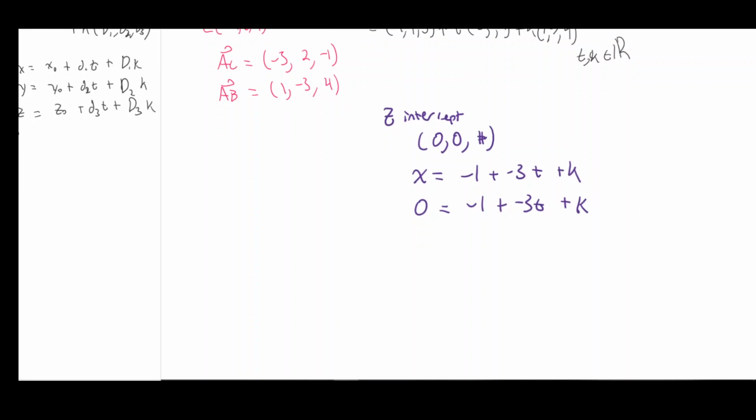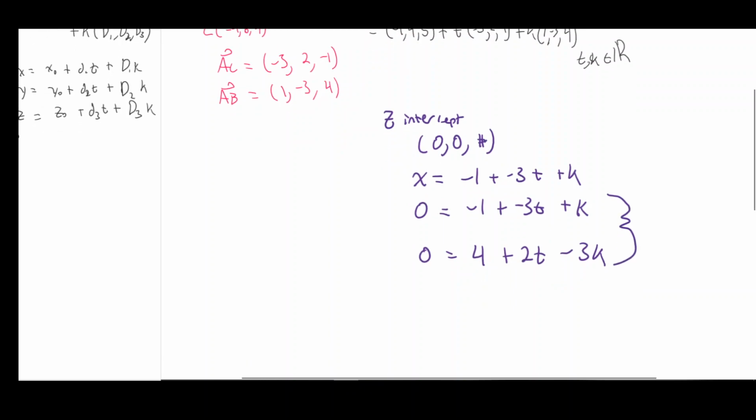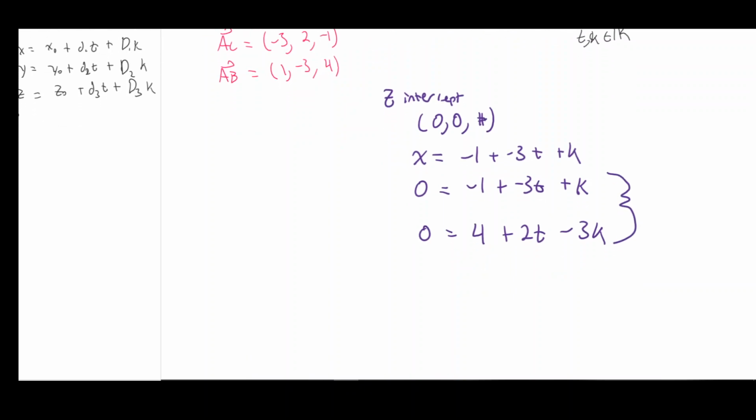All right, and then my y equation, since we know y is also 0, is going to look like 0 equals 4 plus 2t minus 3k. So here's my two equations that we're working with. And I need to find the t and k that make that happen.